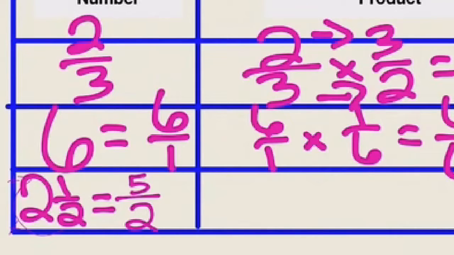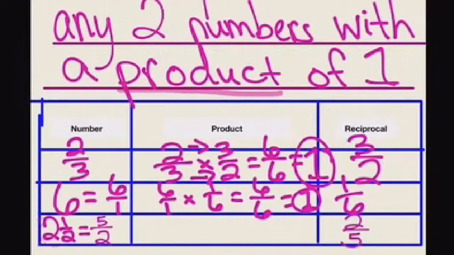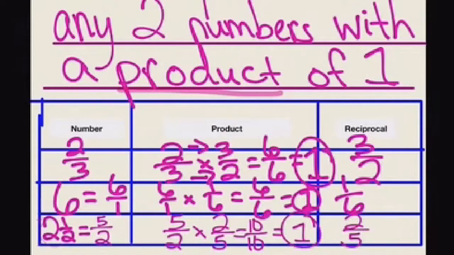And then the reciprocal of 5/2 would be, that's right, 2/5. Let's double check with multiplication. 5/2 times 2/5. 5 times 2 is 10. 2 times 5 is 10. And 10 divided by 10 equals 1. So we can see that those numbers really are reciprocals of each other.